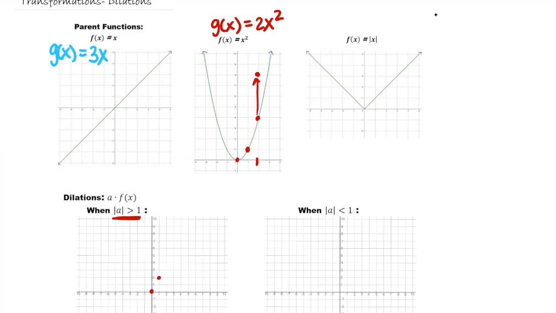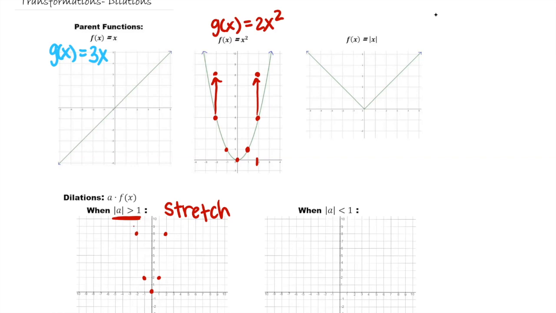So I got the point (2, 8). You'll probably hear the word stretch a lot. The same thing applies on the other side. This y value is 1, and 1 times 2 is 2, so I will go up to a y value of 2. This y value is 4 again, and 4 times 2 is 8, so that will get stretched up to the y value of 8.